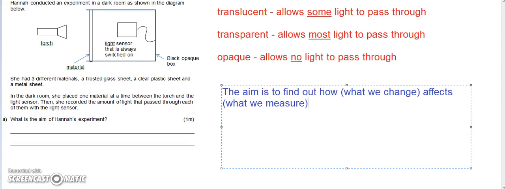Okay, so this is a very easy way to remember. The aim of an experiment is always to find out how what we change affects what we measure.